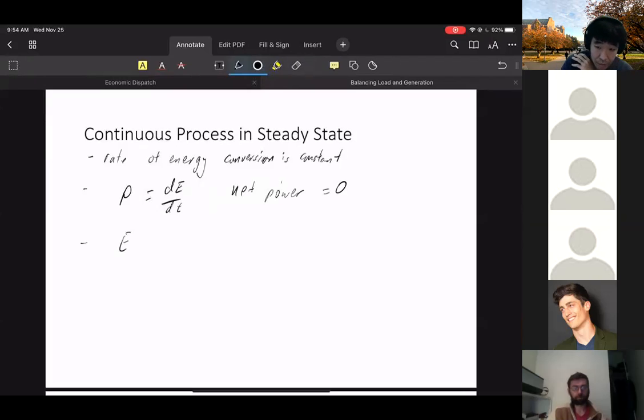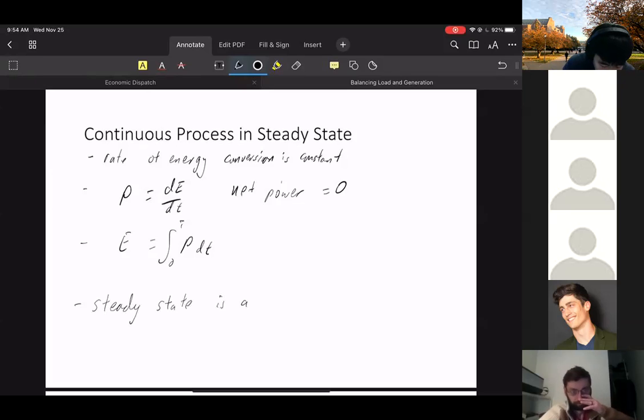So equivalently, E is the changing power. If you think of it this way, being in steady state, that this is 0, there's no net gain of energy, there's no net loss of energy. Okay, so this is our power. So this is basically a steady state as an approximation, an engineering approximation we have.